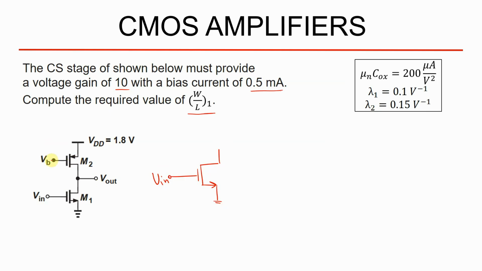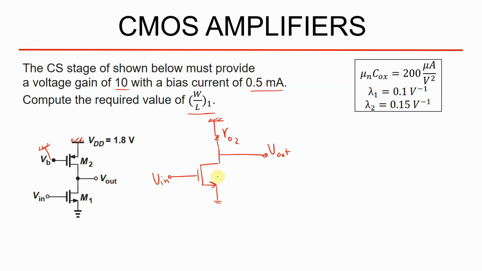With VB as a bias, we can model this with a short circuit, because I'm going to use a small signal model, and VDD again is a short circuit. So the gate and source, both of them are short circuit. So I can model this M2 with just one resistor, RO2, or r drain-source 2 for M2. And this is ground and this is Vout.